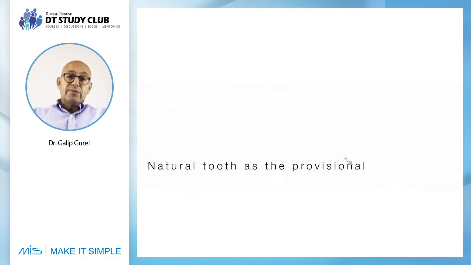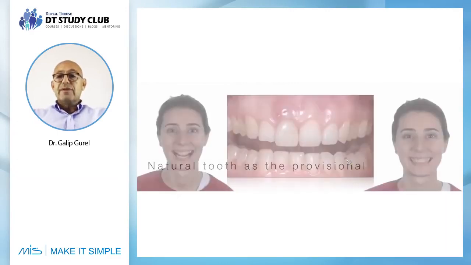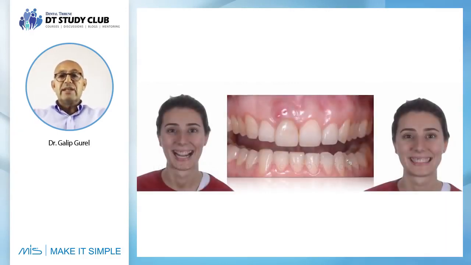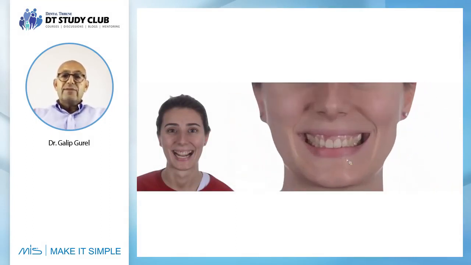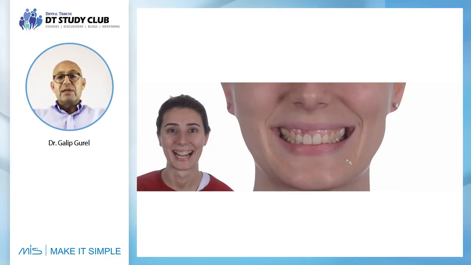Now, sometimes we use the natural tooth as a provisional. As we can see here, a highly affected tooth with an internal resorption. This is what we have to deal with. Besides this, the patient has a small gummy smile problem. She's happy with the teeth, even though they are not the ideal aesthetic design.